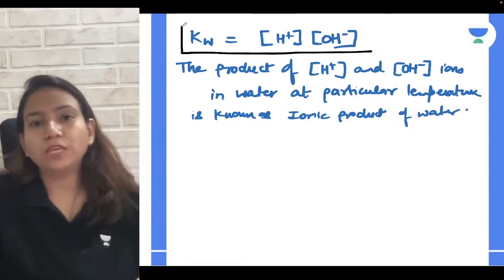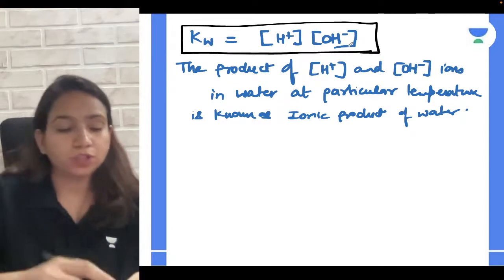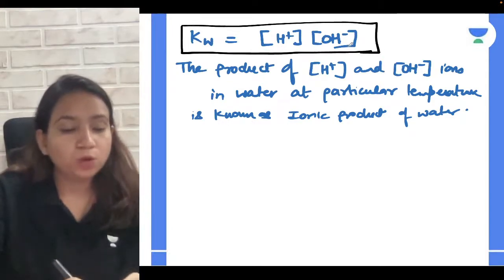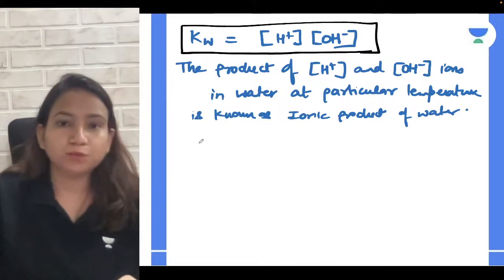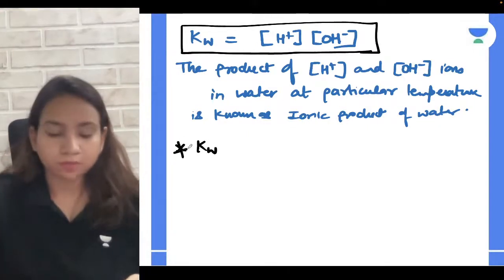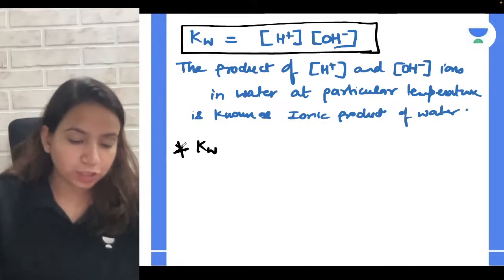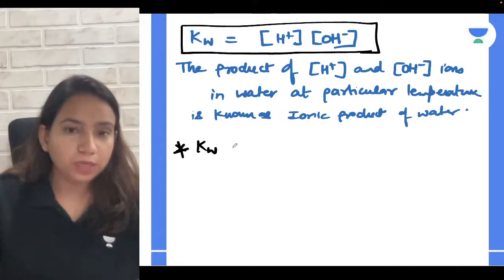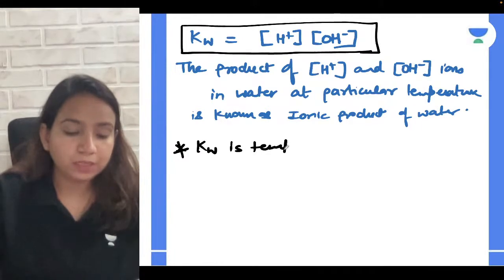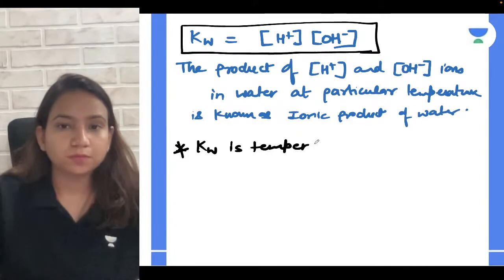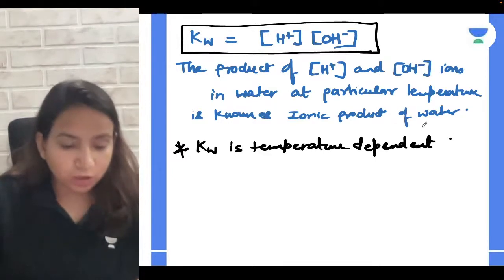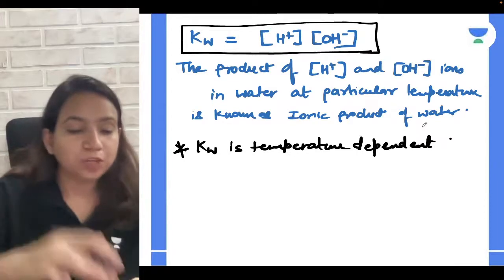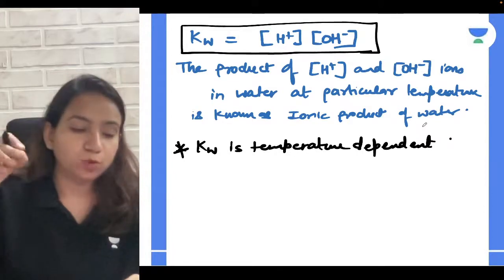But we should know many more things here, not only this expression. What we found is that Kw is temperature dependent, because we said it is at a particular temperature. As the temperature increases, Kw also increases.